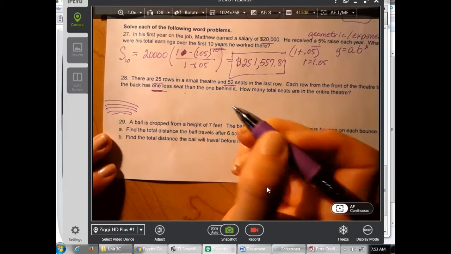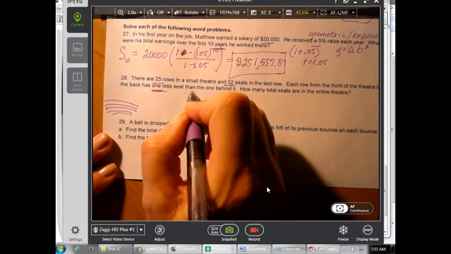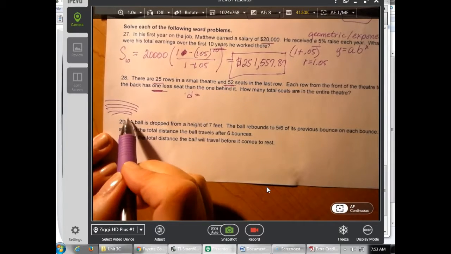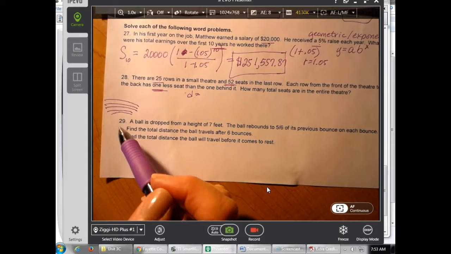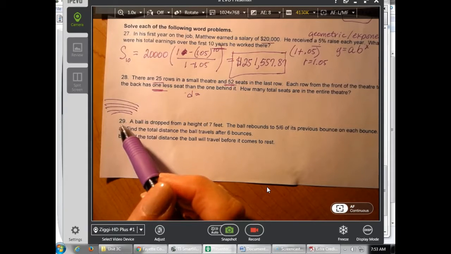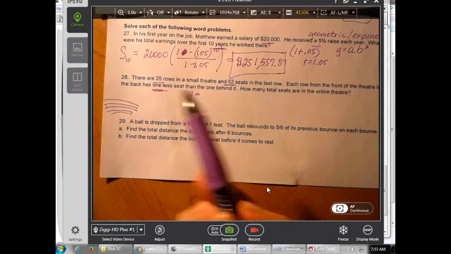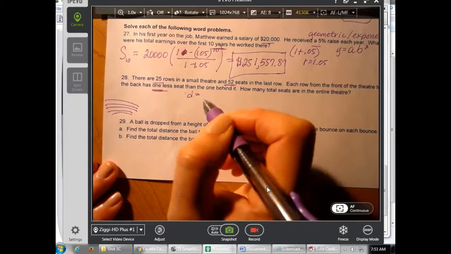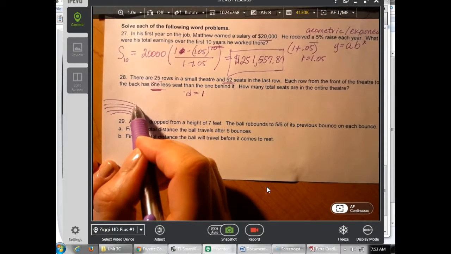So let's think through what we're dealing with here. We know our common difference working from front to back. Well, we could actually work either way. It doesn't really matter. Either way, we have to solve for something. So let's just say the common difference is going to be 1 because we're going to add as we go to the back.